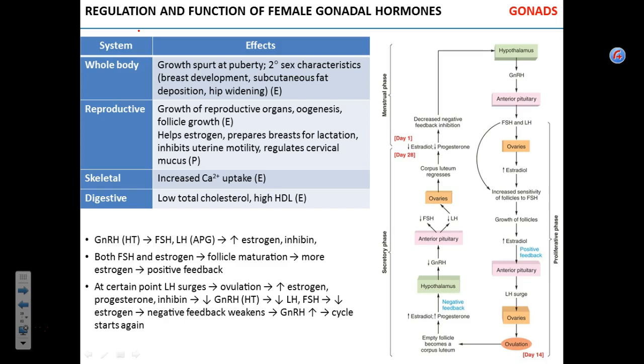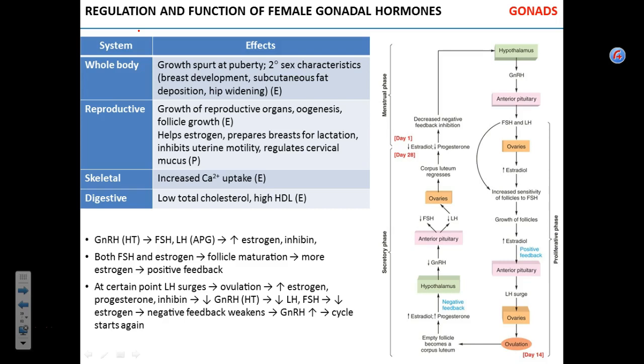Female hormones. Let's do this. Seriously, because we're going to dig deep into it when we get to reproductive. So let's do this. You will learn sort of the metabolic effects. But this whole cycle we will leave for reproductive.